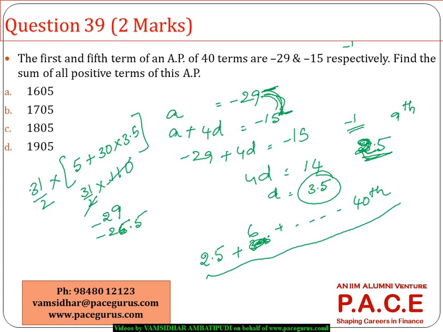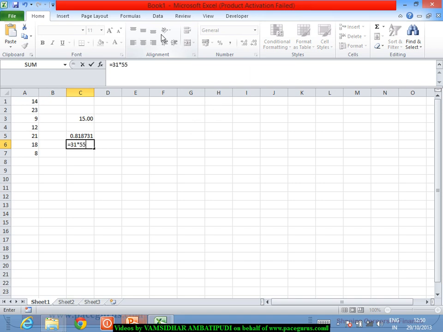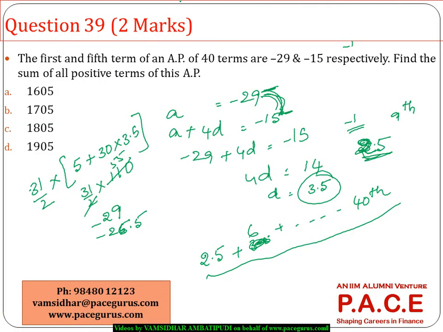So this is working out to 31 into 55, which I am working out as 1705. So it is helping me to mark B as the answer choice in this case. Alright, so I can mark B as the answer choice for this question, just going with the simple logic itself.